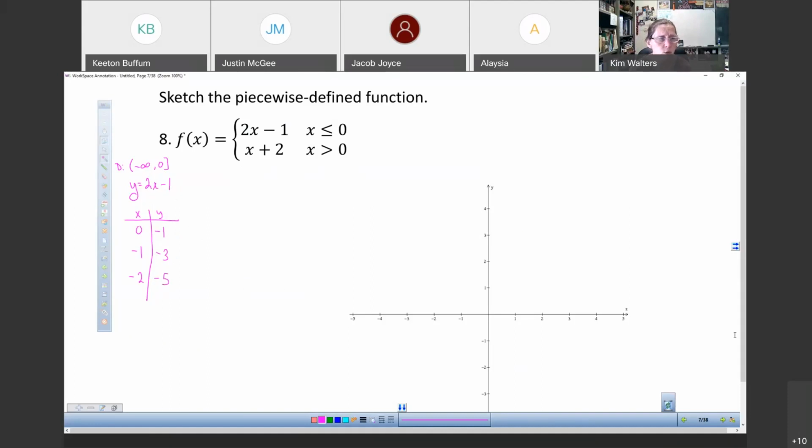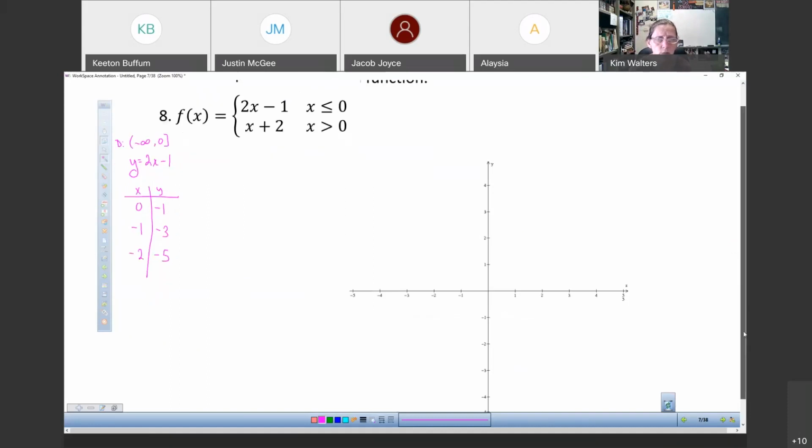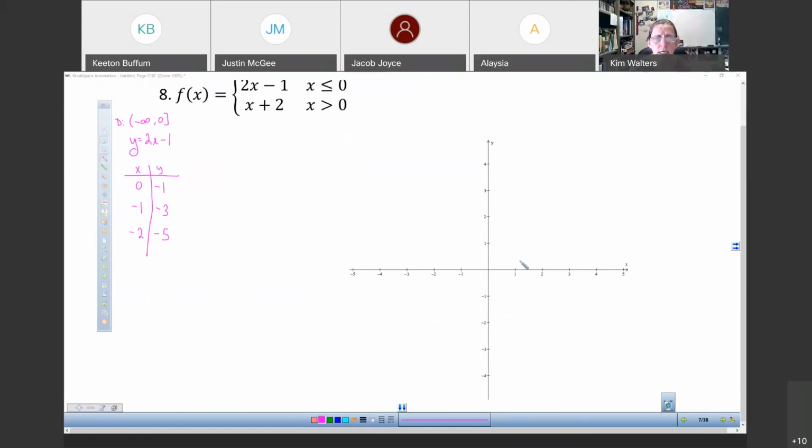Okay, so let's go ahead and graph that over here. 0, -1. You might recognize that as the y-intercept. This one has a positive slope, so when I finish, it should be rising. So -1, -3 is a point, and -2, -5 is another point.